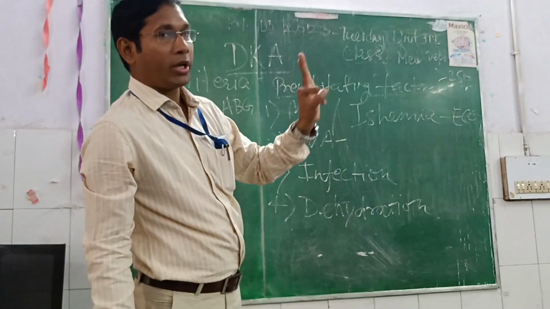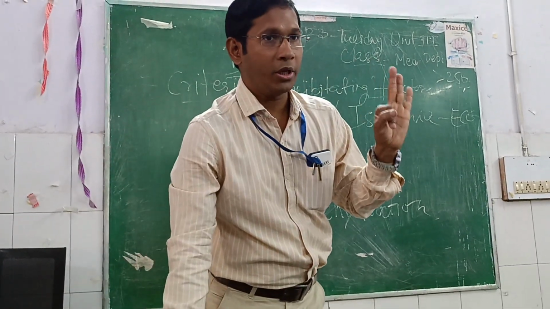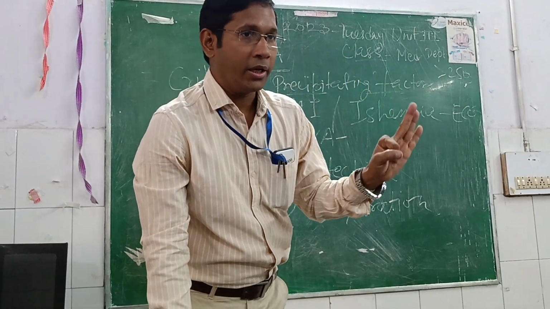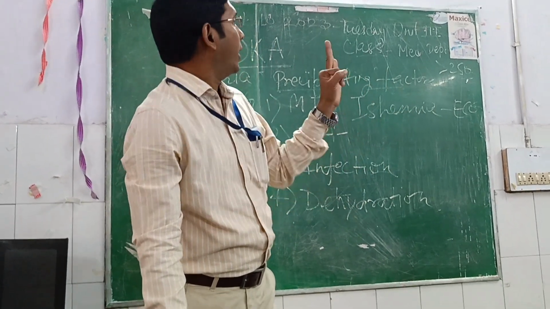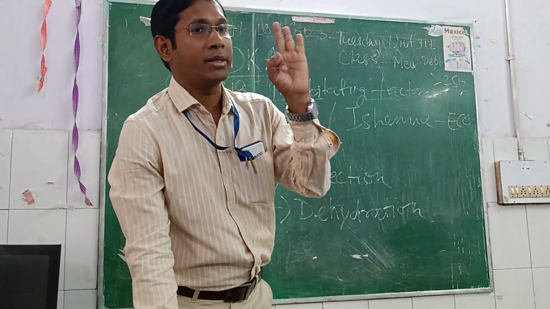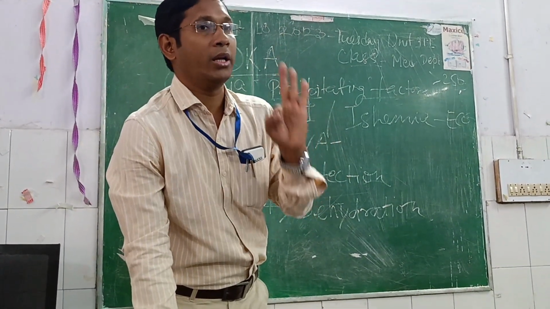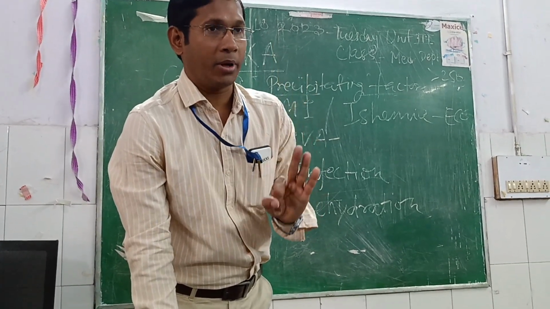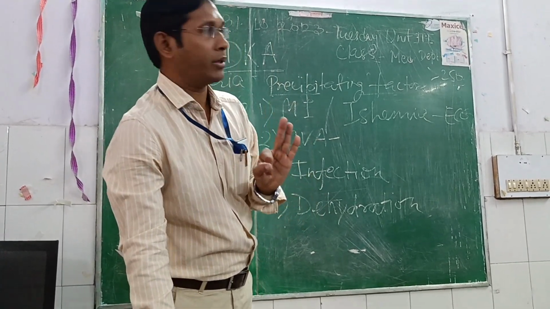And if those 3 criteria are found, blood pH less than 7.3, bicarbonate less than 18 millimole per liter, and blood sugar more than 250, label it as diabetic ketoacidosis, and its management will be totally different from simple hyperglycemia or diabetes mellitus.